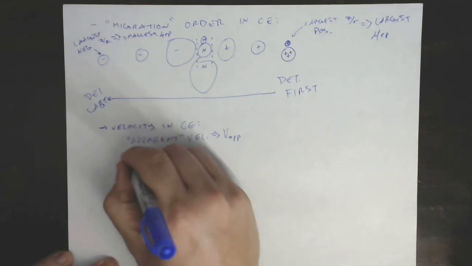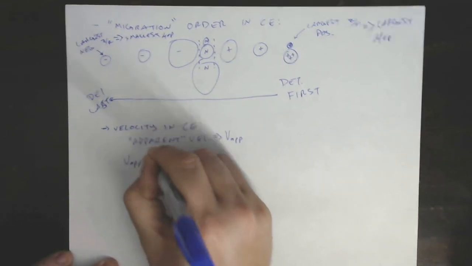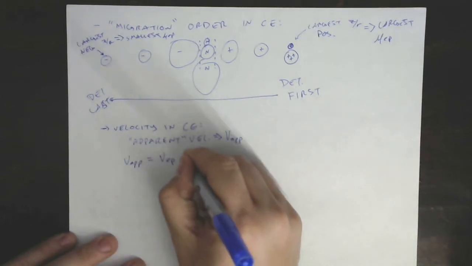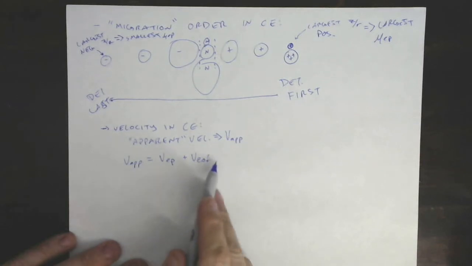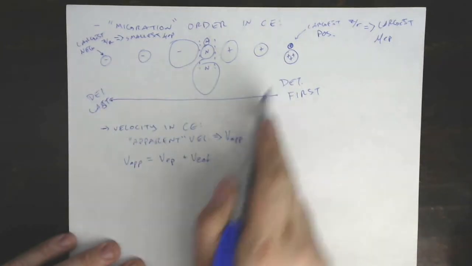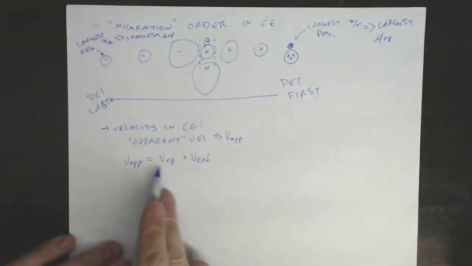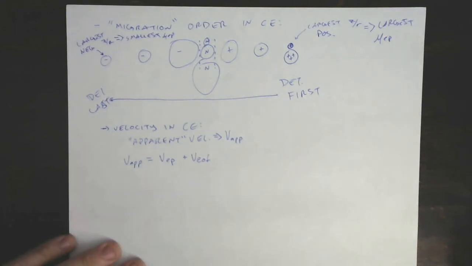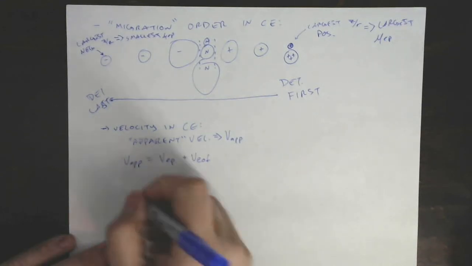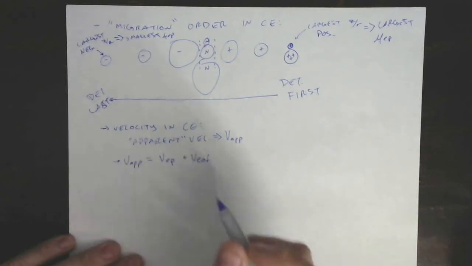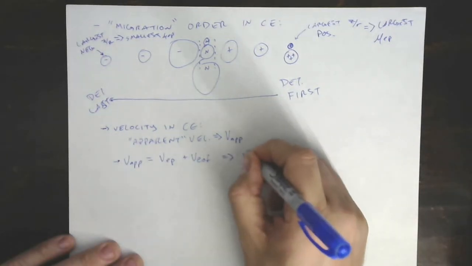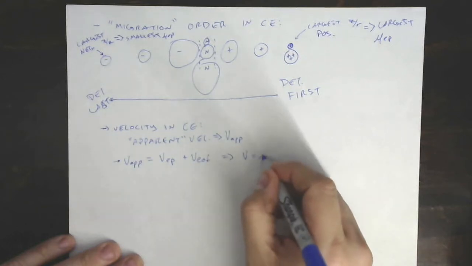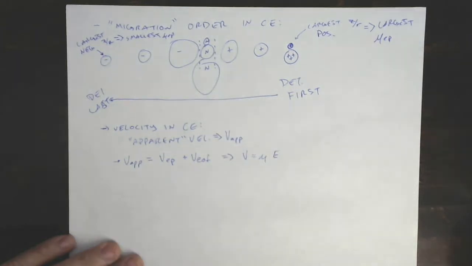The apparent velocity is just the sum of the EP plus that EOF. I'll remind you, EOF is happening to all solution in the capillary. So every single one of these share the same velocity EOF. They differ just in their velocity EP, electrophoretic. So you'll remember that velocity, we talked about this in a couple different forms, velocity equals mobility times electric field.